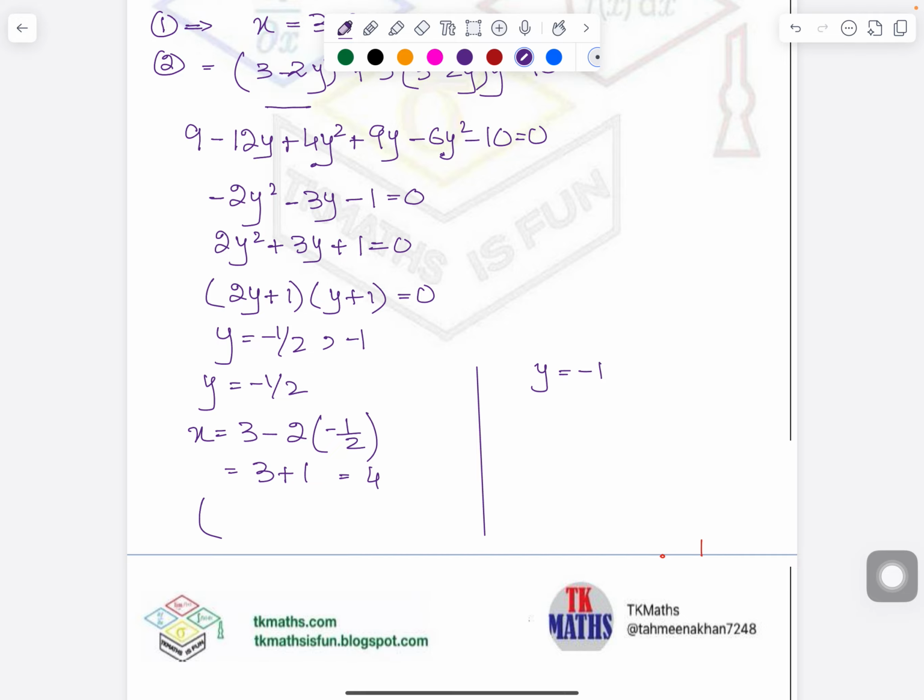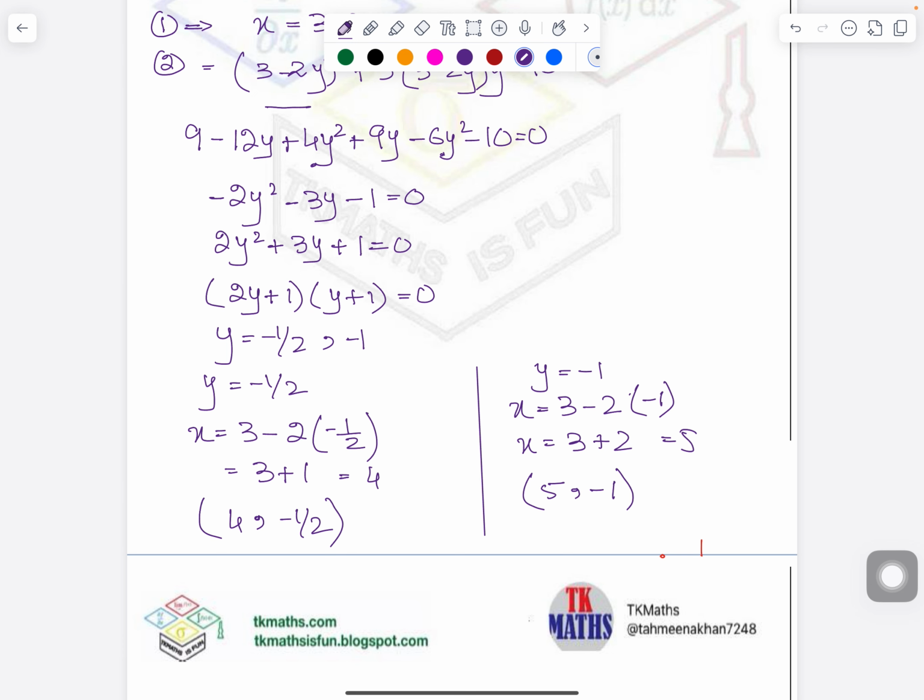So one of my coordinates is 4 comma minus half. Please remember, you have to show working. Do not do anything direct, otherwise you may lose marks. Okay. So the other coordinates at the point of intersection are 5 comma minus 1.